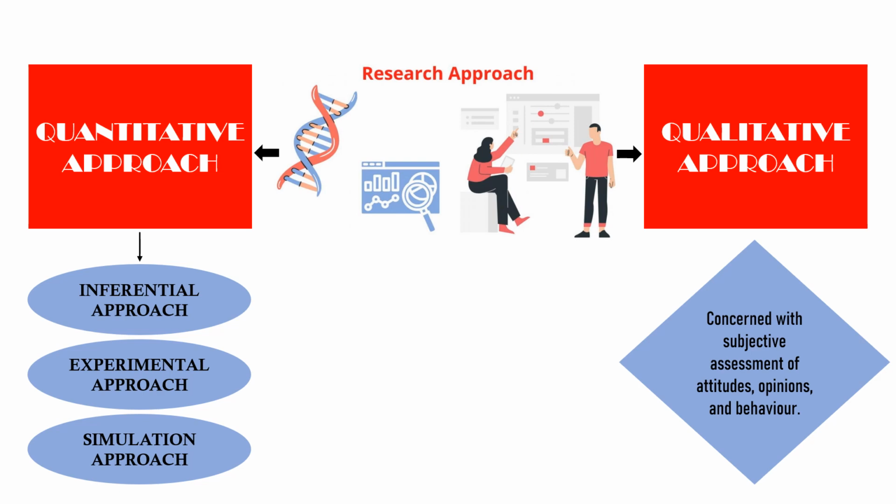In the experimental approach, we give much more attention to the environment of the research, that is the variables that may alter the experimental outcome. So we focus more attention on the variables. In the simulation approach, we construct an artificial environment on the basis of the data provided to get to an outcome or a conclusion.